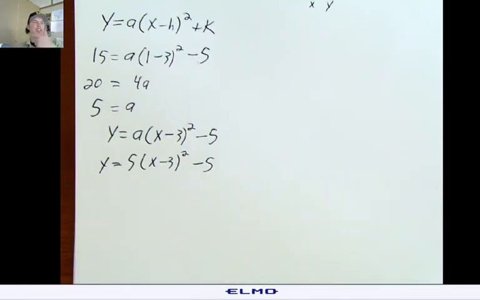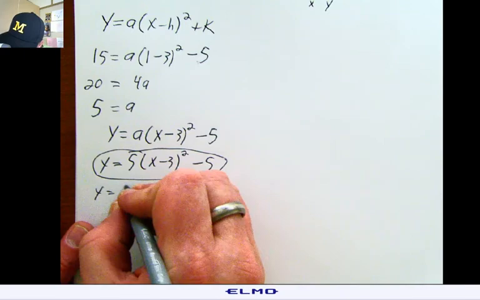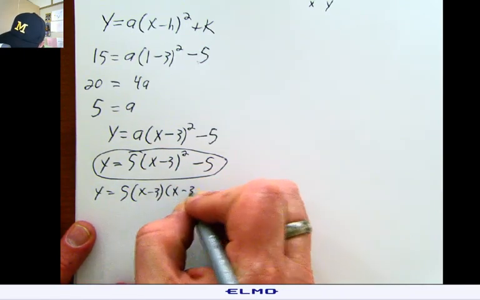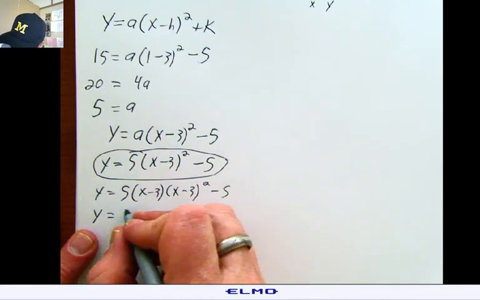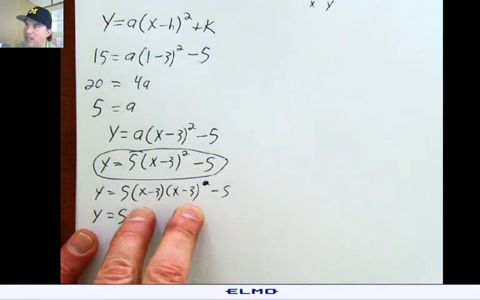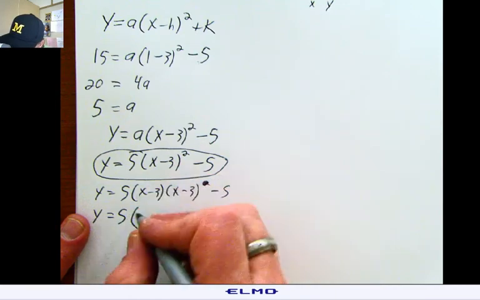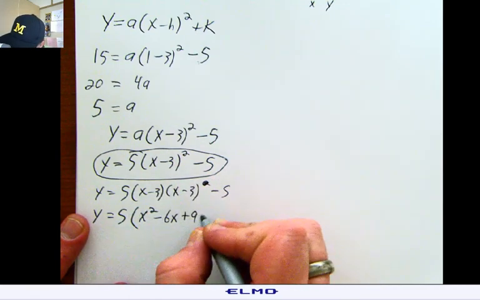Next I'm going to transition into standard form, and I can do standard by going 5 parentheses x minus 3 quantity squared minus 5. Oops, there's no squared there, x minus 3 squared becomes x minus 3 times x minus 3. So when you FOIL all this together, you get x squared minus 6x plus 9.